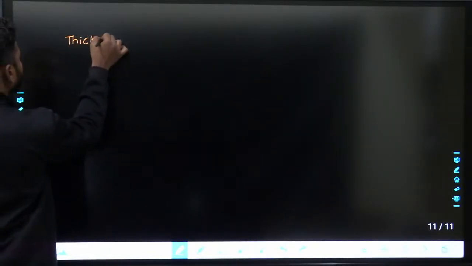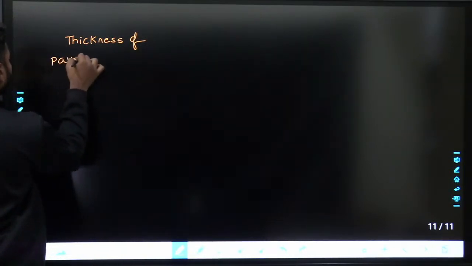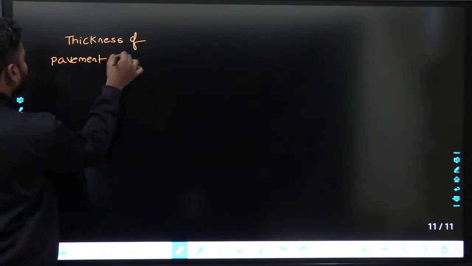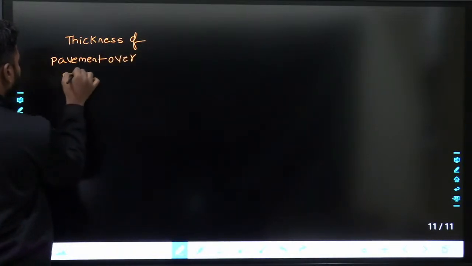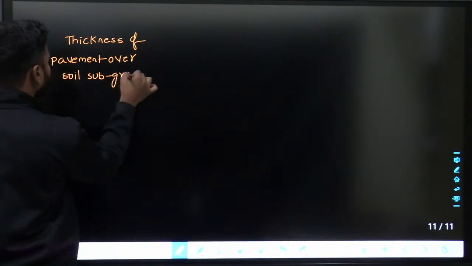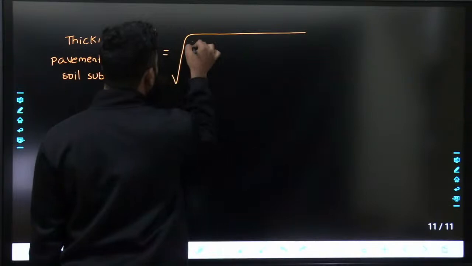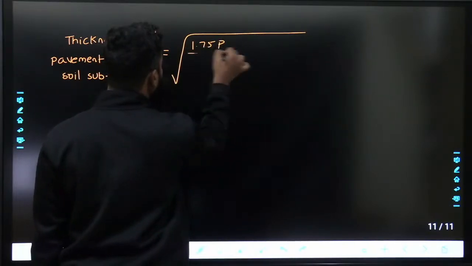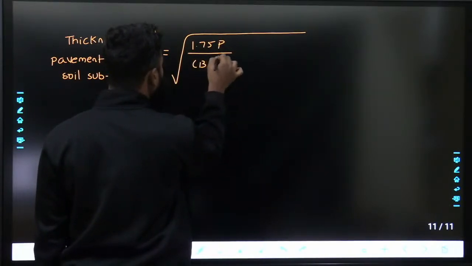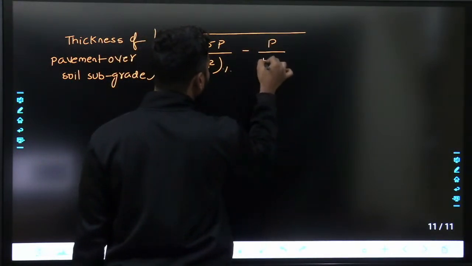And now thickness. Thickness of pavement over soil subgrade equals under root of 1.75 multiplied with P upon CBR in percentage minus P upon P pi.